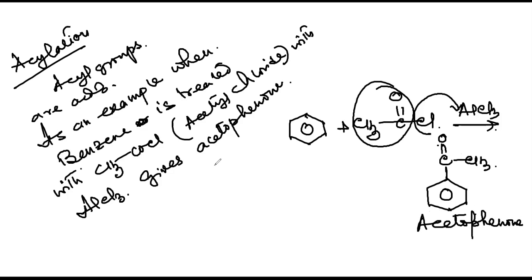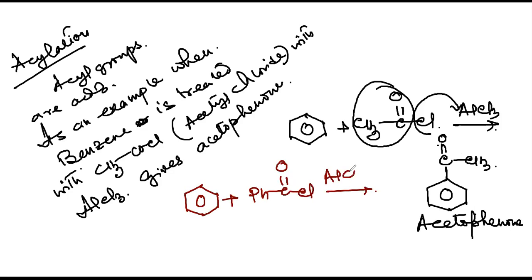We'll see another one or two examples here. Whenever you see a benzene ring, plus there is Ph, C double bond O, single bond Cl, AlCl3, just remove this Cl and join the rest of the part with the benzene. C double bond O, Ph.